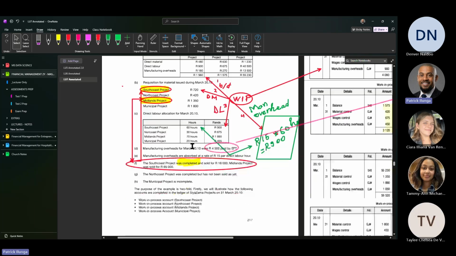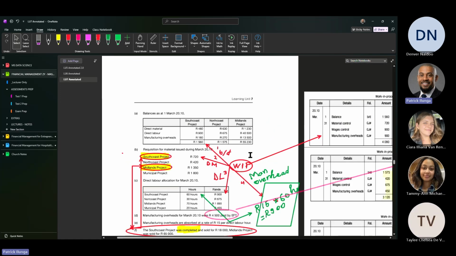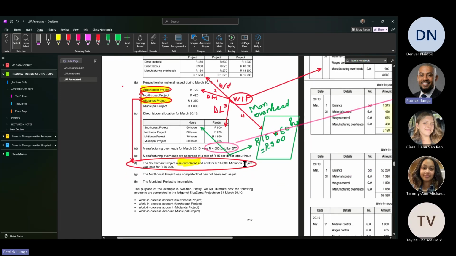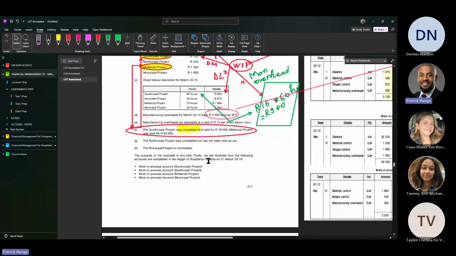The Midland project was completed. The municipal project was what? Is incomplete. Do you see that? Guys, can you tell me that you're opening your eyes right now and you can see what is happening?